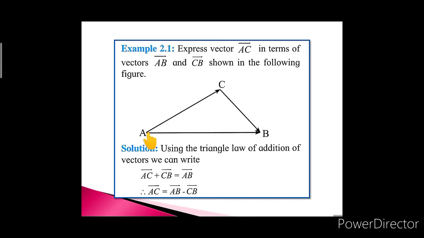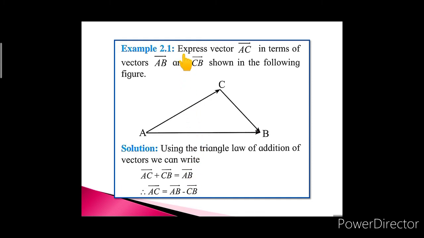So vector AB represents the resultant of the addition of the two vectors AC and CB. So we can write vector AC plus vector CB is equal to vector AB.